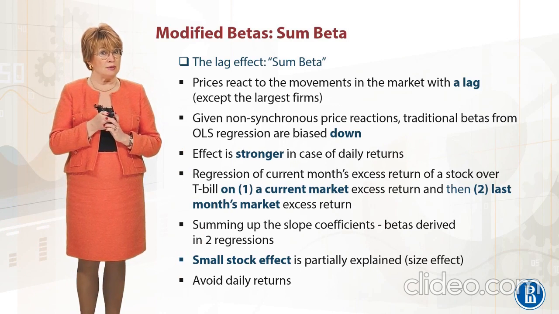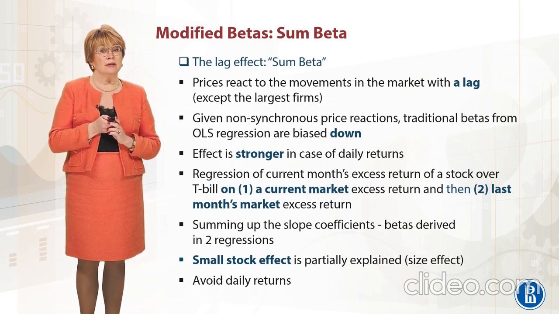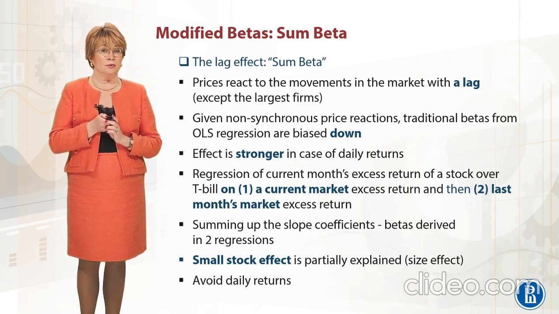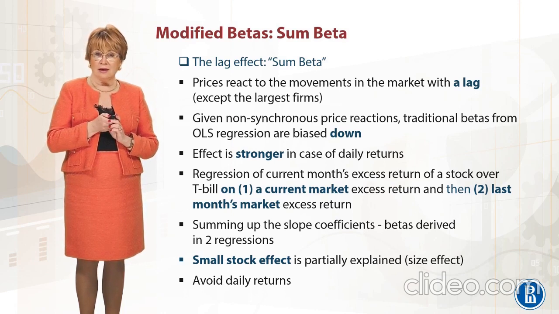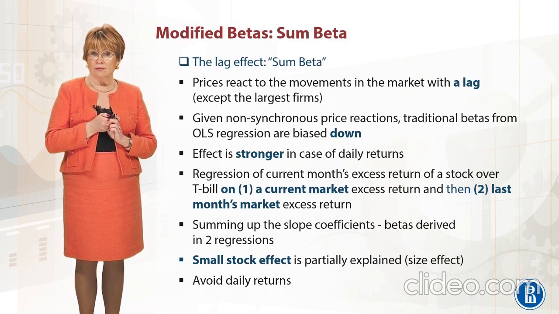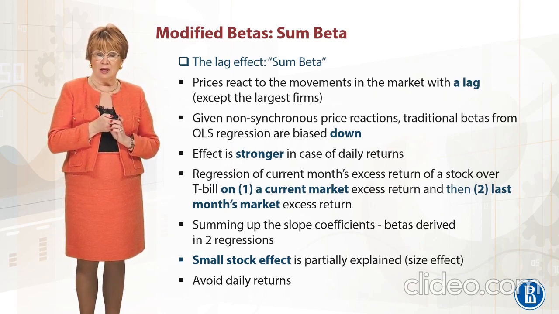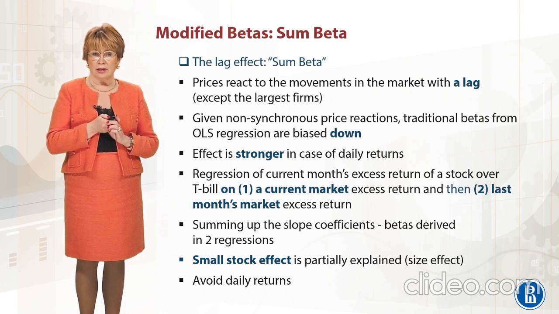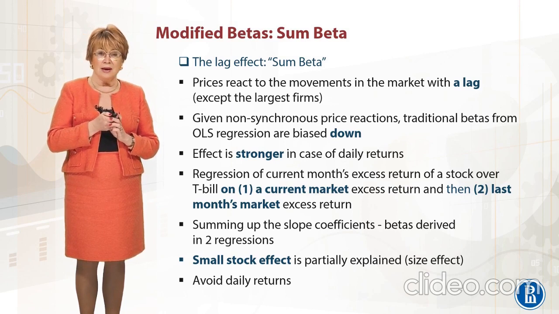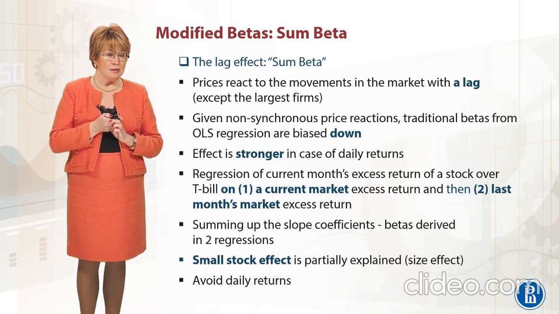And this is a two steps procedure. On the first step, the analyst will run the regression analysis with the current market excess return for the same period and the current rate of return of some target company he is looking for. On the second step, he will again run the regression analysis, but now with the last month's market excess return, not current, but the current rate of return for target company stock.